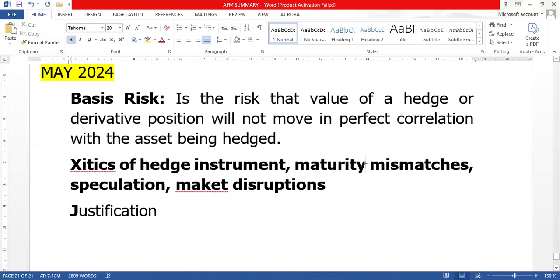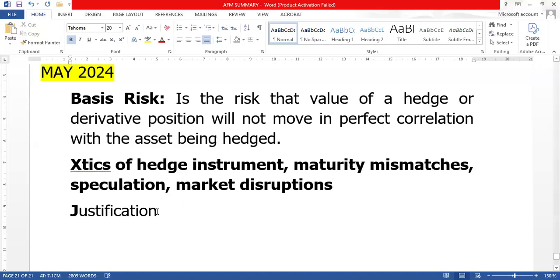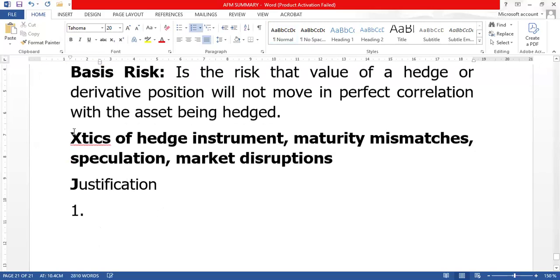For example, what is available is the one of September, but you are hedging something that is going to happen in July. So there is a mismatch there. Yes, you are going to use September futures, but technically there is no relationship. Because of those things, there is always that risk.